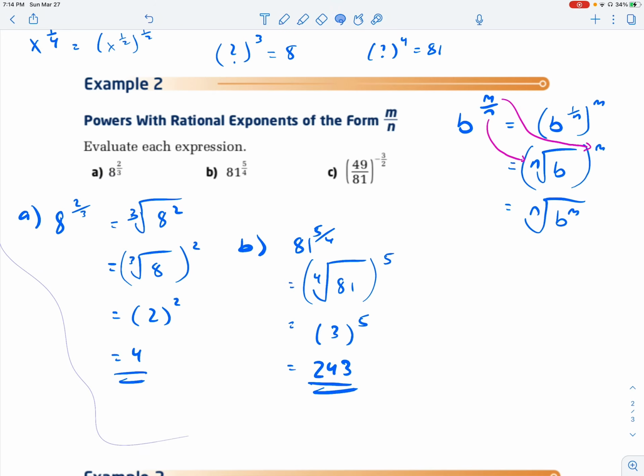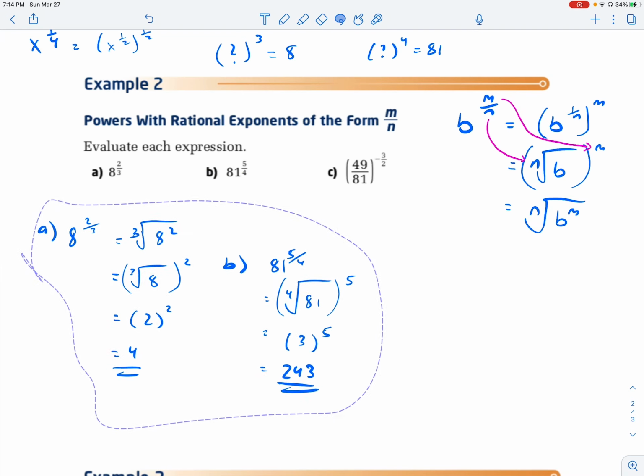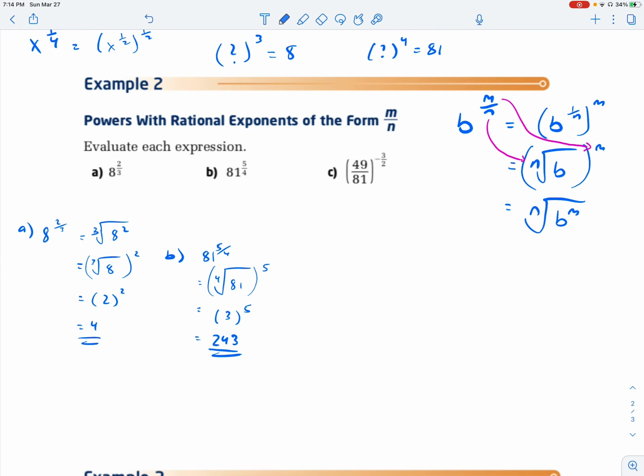Okay, I'm just going to shrink some of this here a bit. Part C: 49 over 81 raised to a negative 3 over 2. If you remember the rules from the last lesson, when we have a fractional base raised to a negative exponent, all we want to do is take the reciprocal.